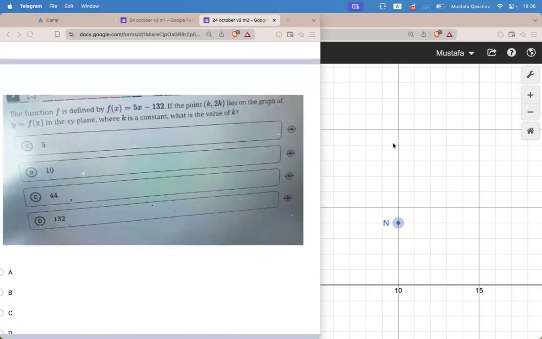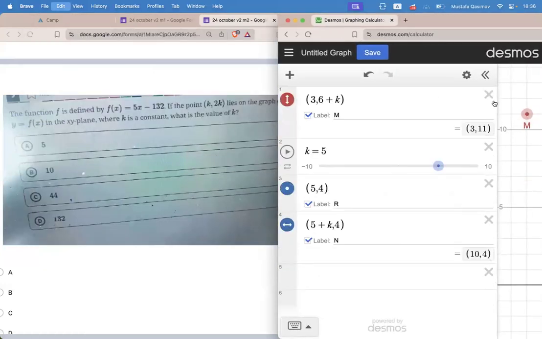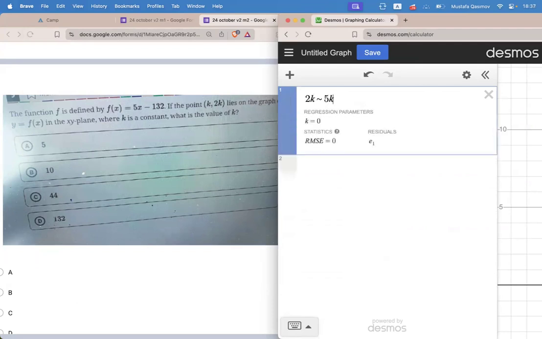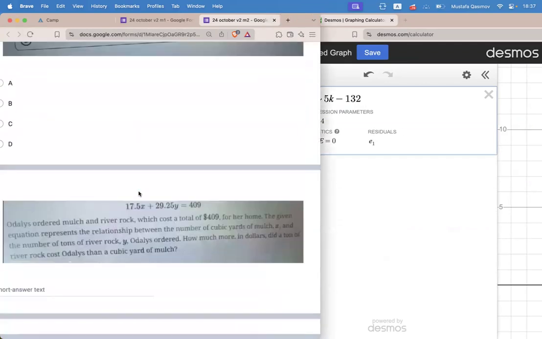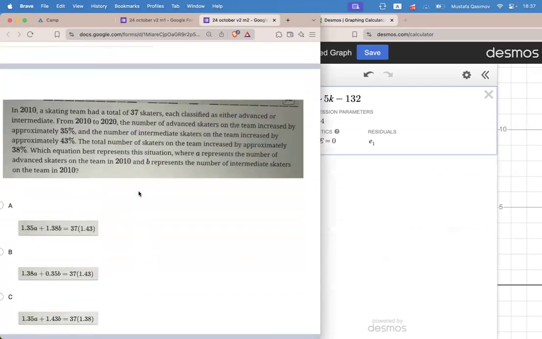This one, you have to just write it to here, then you will get answer actually. Bunlar asandır. These are very easy questions, so I am not looking at that one.